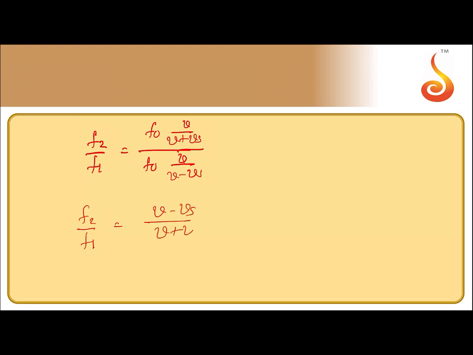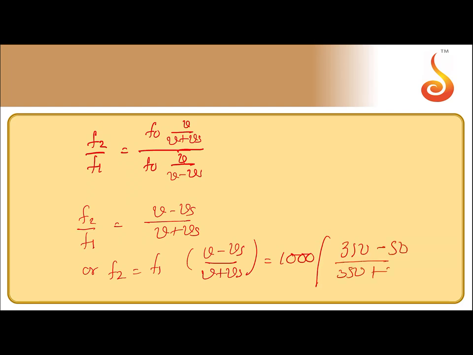So I will take the ratio F2 divided by F1. That is F naught into V divided by V plus Vs, divided by F naught into V divided by V minus Vs. V and V cancel, leaving V minus Vs divided by V plus Vs. Or F2 is equal to F1 into V minus Vs divided by V plus Vs. F1 is 1000, so 1000 times 350 minus 50 divided by 350 plus 50.